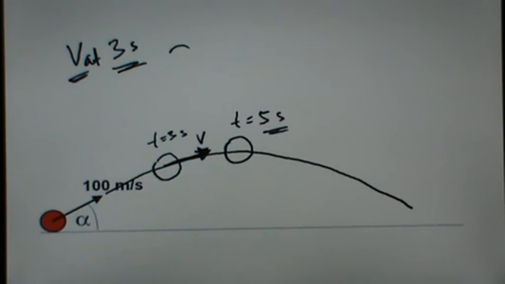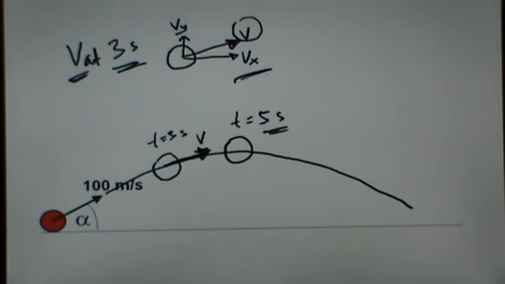So let me draw here. And the velocity at 3 seconds has two components. The first one is in the horizontal direction, Vx, and the second one in the vertical direction, Vy. So to find the value of the velocity v here, we need to find the value of Vx and Vy.